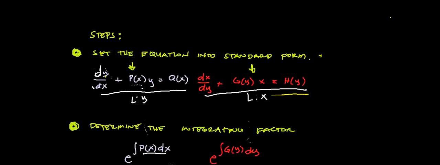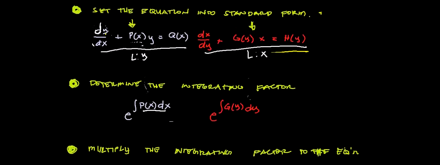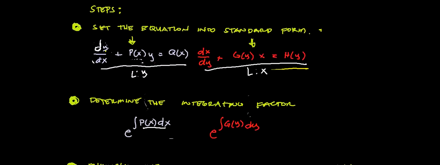Okay, and right after we set our equation into this form, we can now determine the integrating factor. We will use this integrating factor in order for the given equation in step 1 to make an exact differential equation.